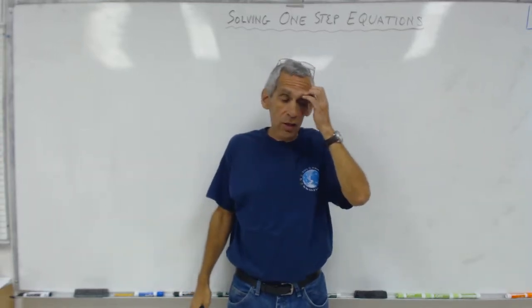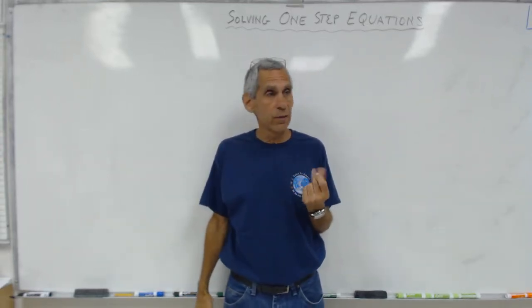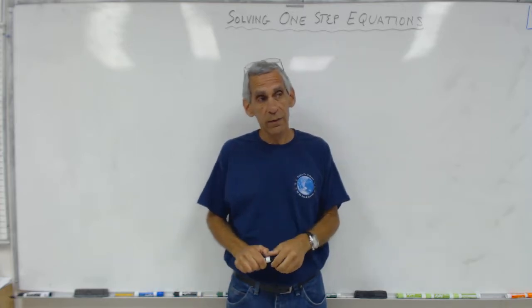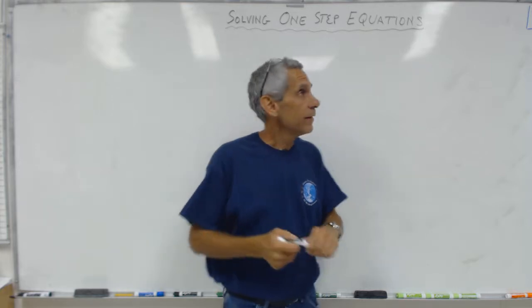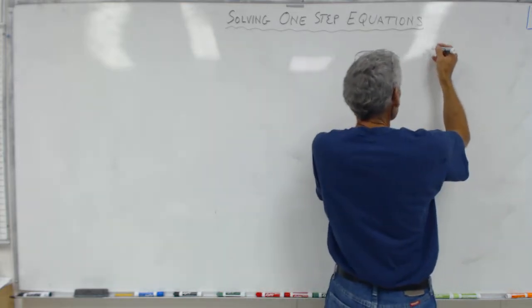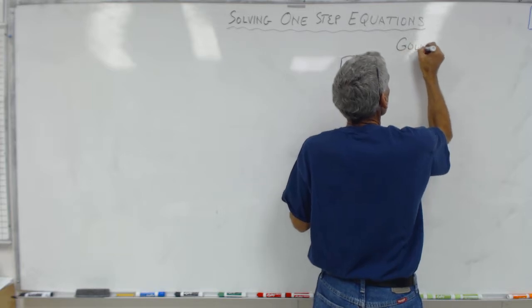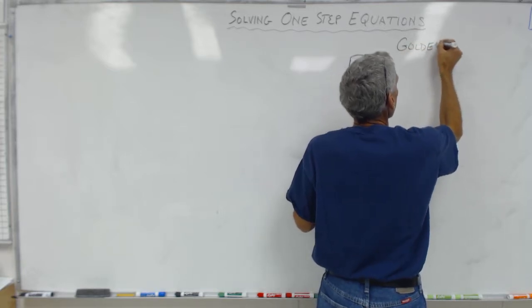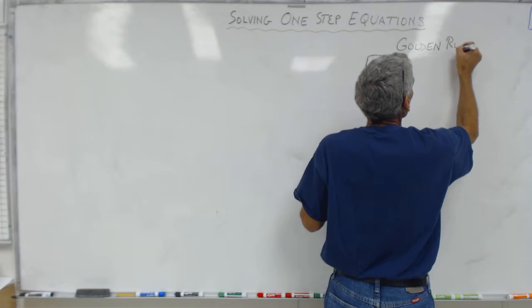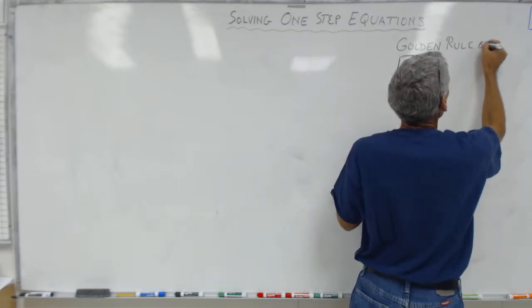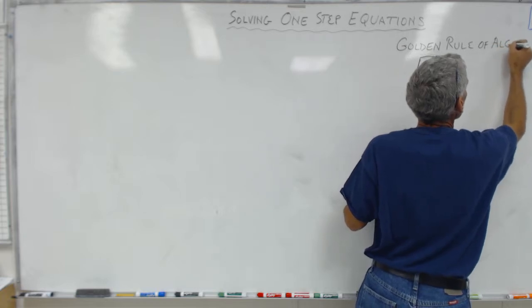So there is a thing called the golden rule of algebra. Does anybody know what that is? Has anybody heard of that? Whatever you do to one side, you have to do the other. Yes, so it's so important that I'm actually going to write it down.